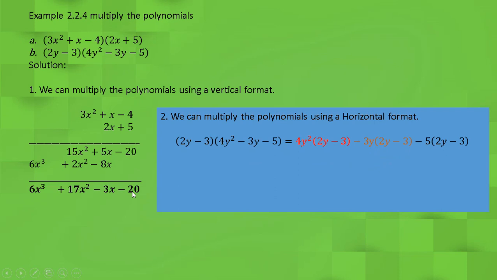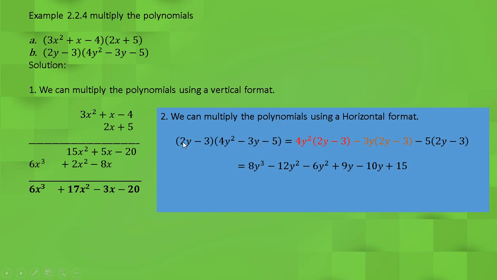We can also multiply the polynomials using the vertical or the horizontal format. So you just distribute. Here we have 2y minus 3, and the other factor has three terms: 4y squared, 3y, and 5.